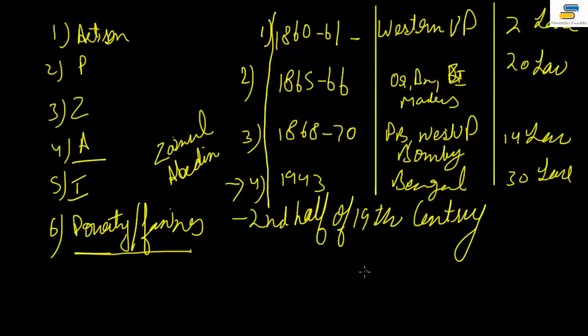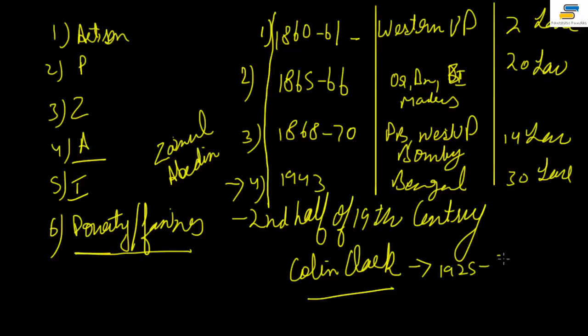And there was one research done by a person called Colin Clark. What he said was that from 1925 to 34, India and China had the lowest per capita income in the world.